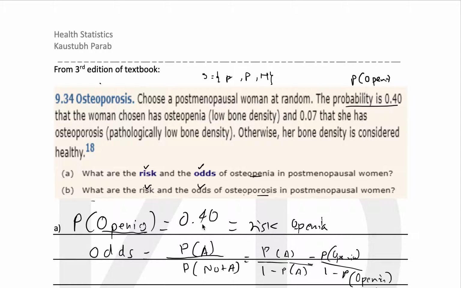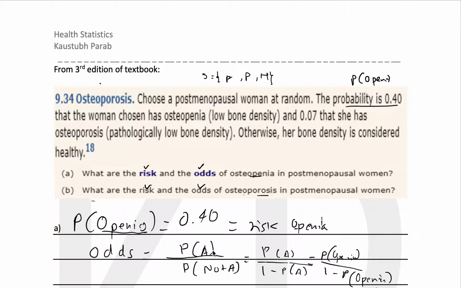Osteopenia 0.40. Simple. Then the odds of any condition or event is the probability of that particular event occurring upon the probability of that event not occurring.